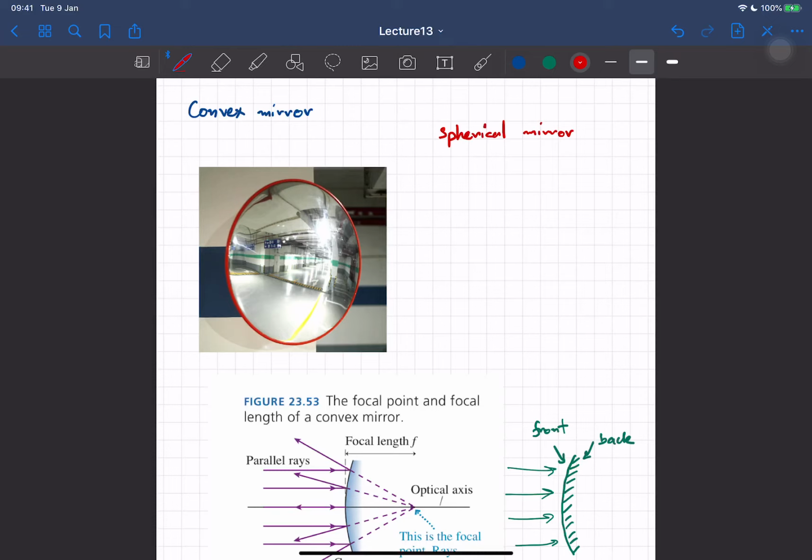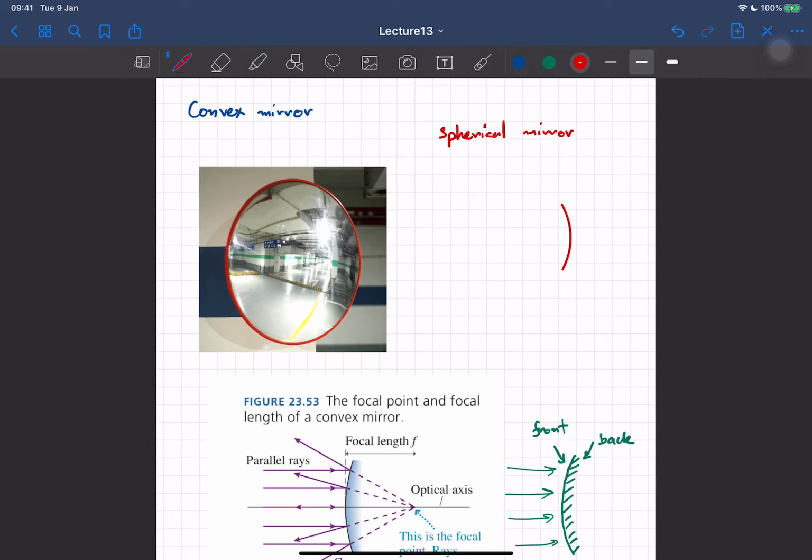An easier way to make a curved mirror, which is not ideal but is good enough in most cases, is to start with a sphere. A sphere is a lot easier to make in principle. And what you do is you want just one section of this sphere, so it's kind of like cutting away what you don't want.